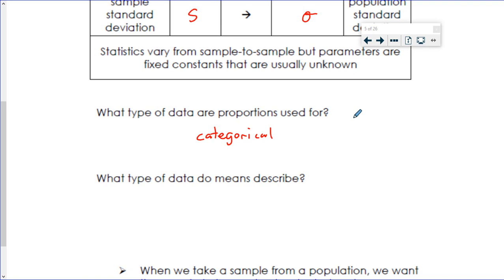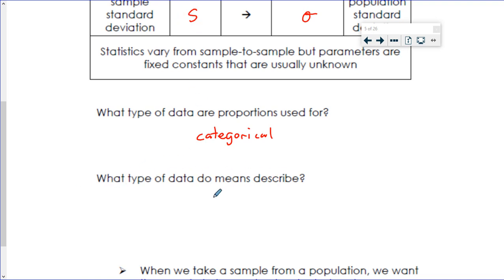If you wanted to find out whether or not a student owned a smartphone, they go into two categories. Owned a smartphone, does not own a smartphone. That's categorical. If you wanted to figure out if a student ate lunch in the cafeteria or not at school, they either eat lunch in the cafeteria, or they don't eat lunch in the cafeteria. They're just fitting into categories.